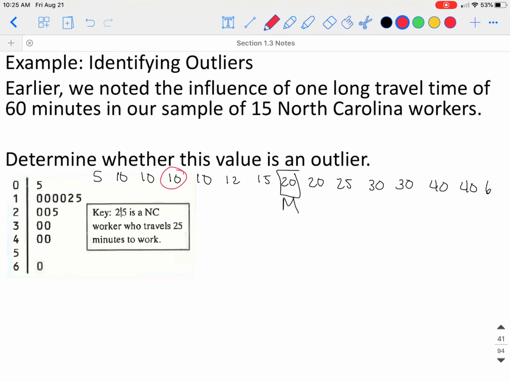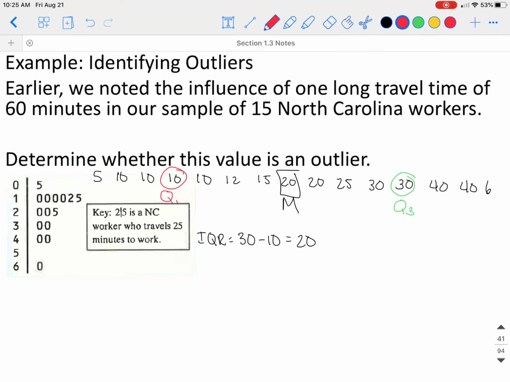To the left, there are 7 data points, so our Q1 will be 10. To the right, there are 7 data points, so the 4th one in that list will be our Q3. So in this case, our IQR is going to be our Q3 minus our Q1, which is going to give us an IQR of 20.